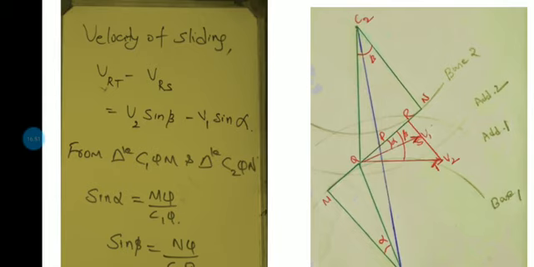Now what do you mean by velocity of sliding? Imagine the contact between two gears. When two gears are in contact and moving, what will be the direction of sliding velocity? In what direction will the sliding occur? Sliding will occur in the tangential direction, right? Tangential to both teeth. In that direction only sliding velocity will move.